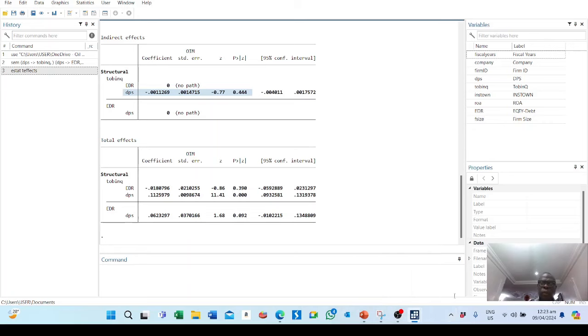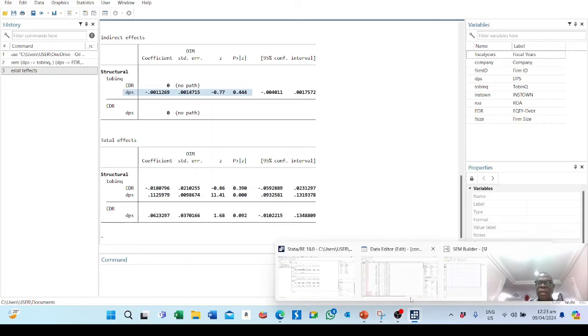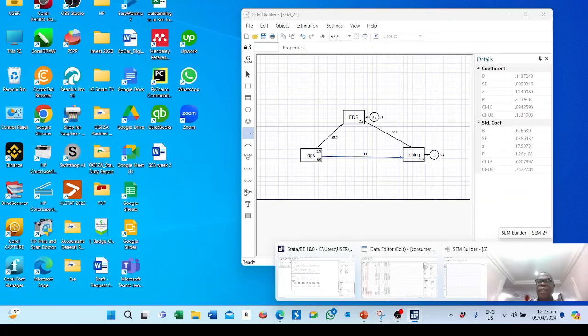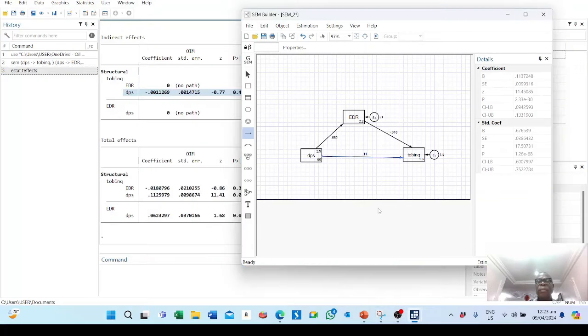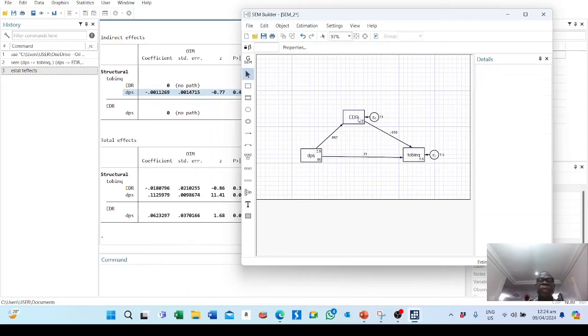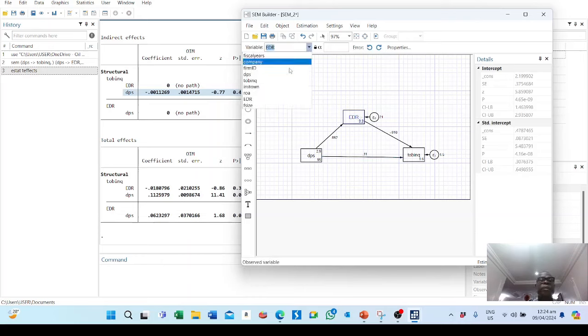So I want us to quickly try another one. Let's juxtapose this. Let's drop the equity to debt ratio and bring in another variable. I want us to bring in ROA as a variable, whether ROA will be able to mediate in this relationship.